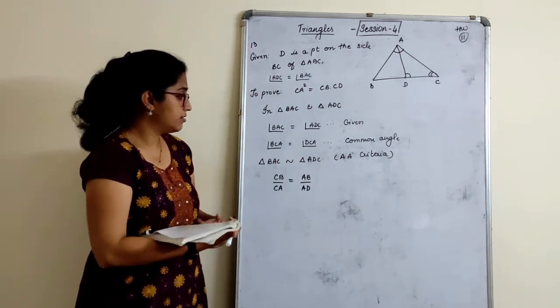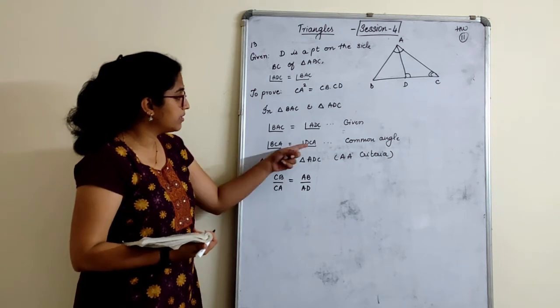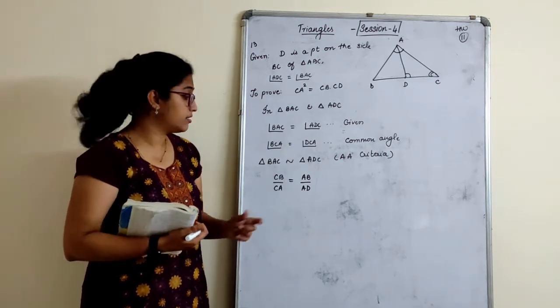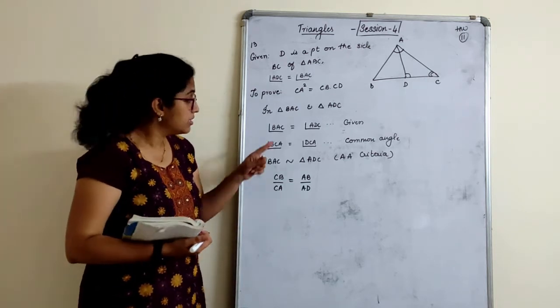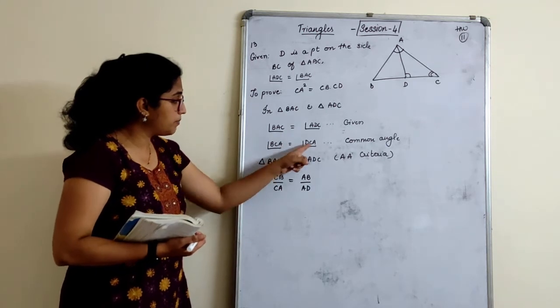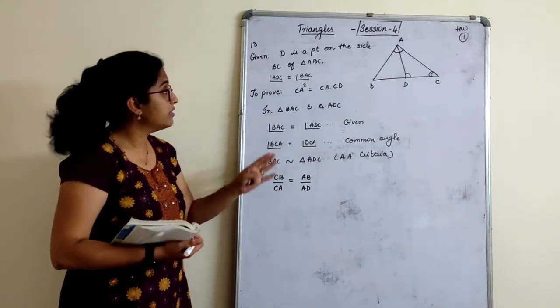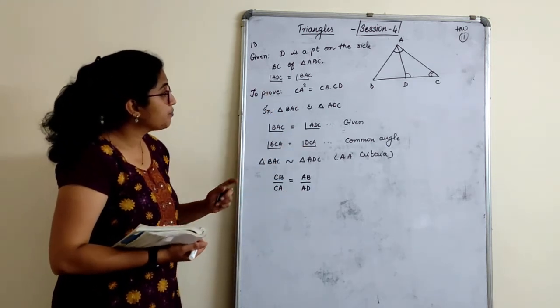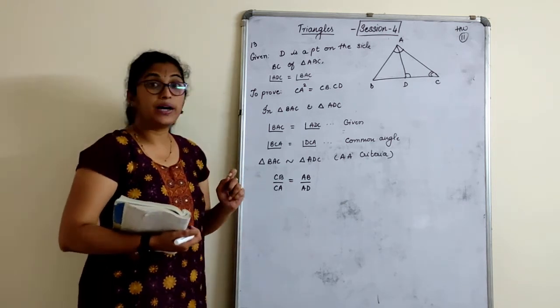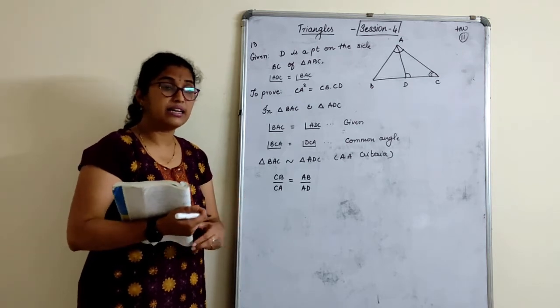Now look at this. Do we have something similar here? No. Both are different. Now that means what should I do, children, here? I am not getting the perfect answer. See, I wrote it as it is. Now CB upon CA is equal to AB upon AD. Right? We have written it. But we don't require AD anywhere. We only require CA. We require CB. We require CD. Now from where CD comes?